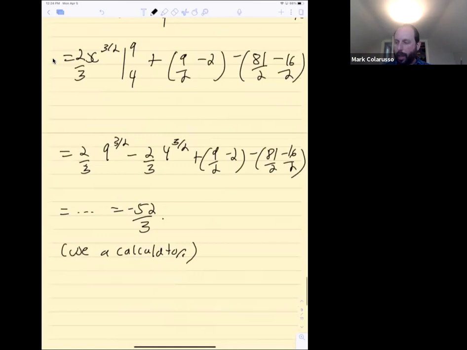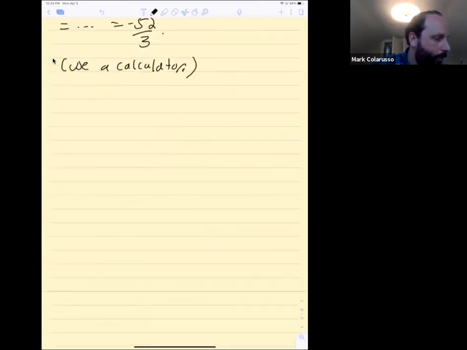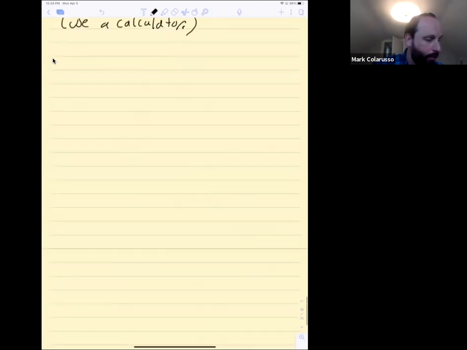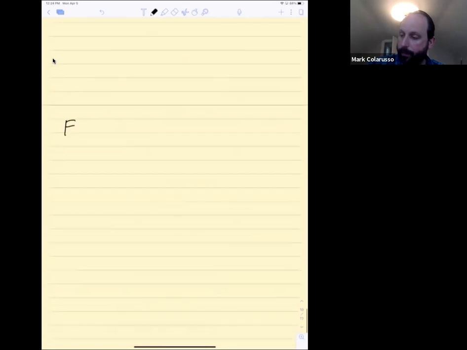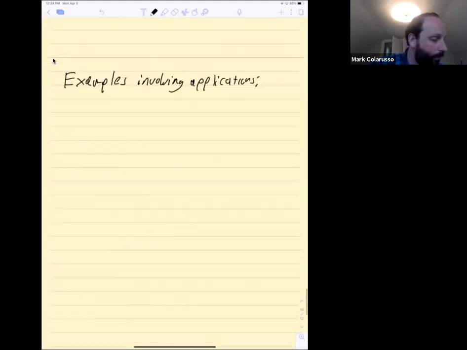Now we can do some examples that involve applications, and hopefully this won't be so bad. I think the numbers in one of them get to be bad. So let's do the first example here.